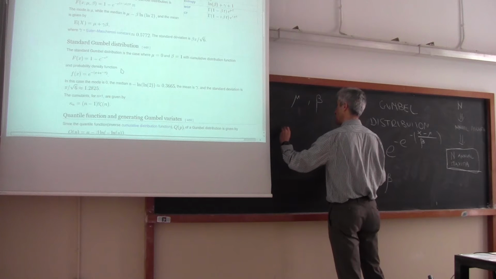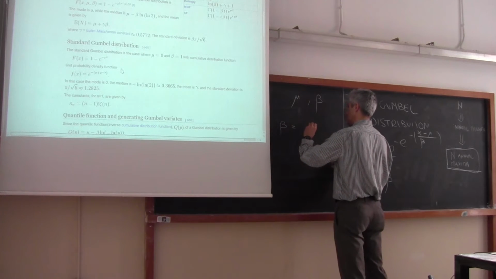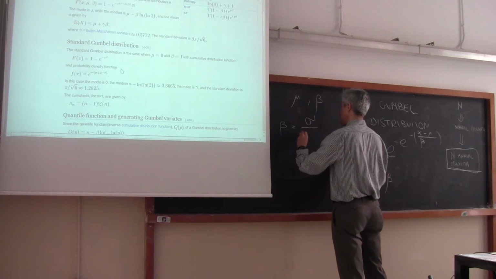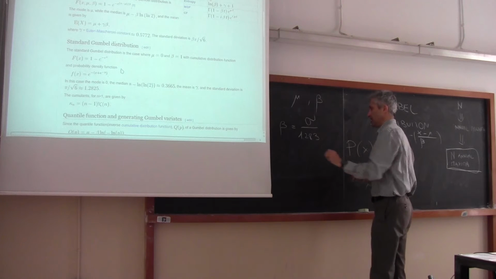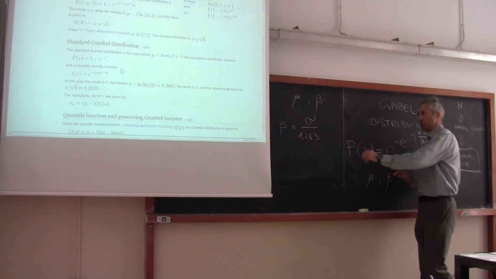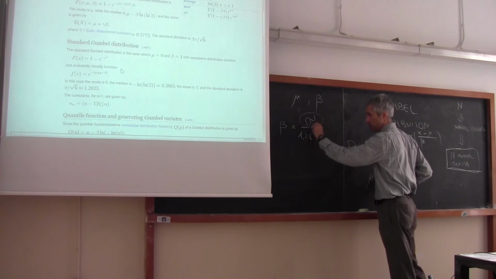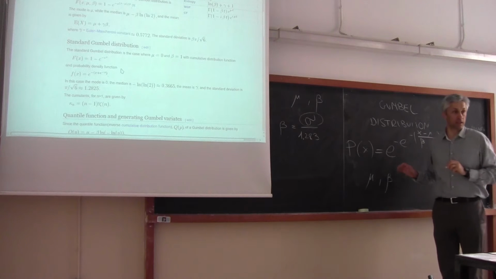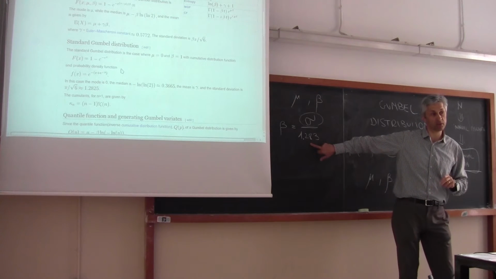Basically, beta is equal to, let me write down and then I explain to you the meaning. So beta can be computed as the ratio between sigma, and I am explaining to you what is sigma in 1 minute, and this constant, which is 1.283.